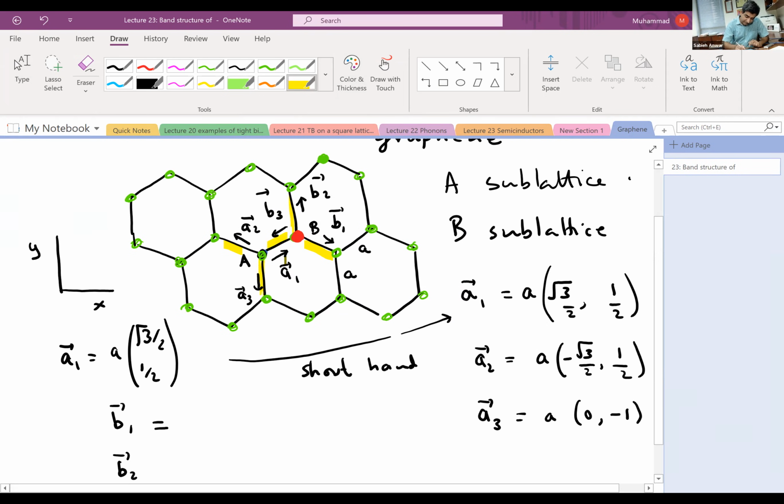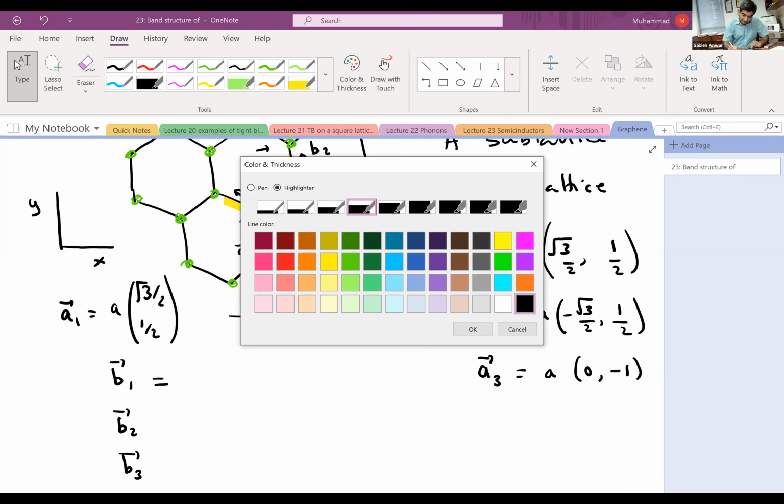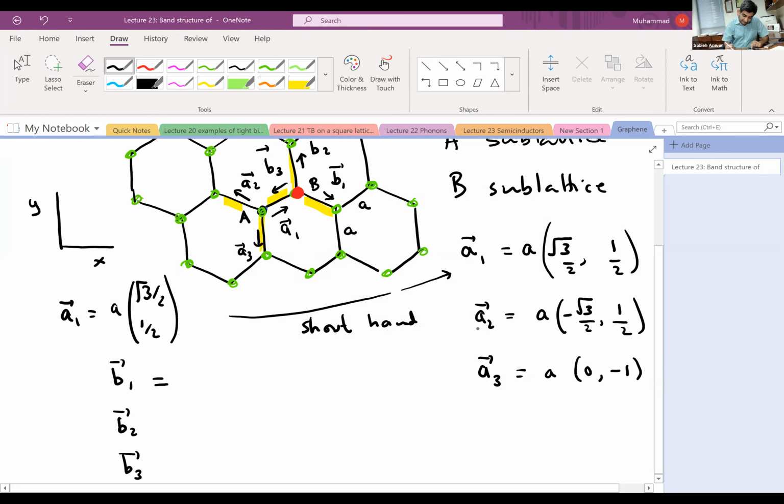And B3 is turning out to be the negative of A1. So I can write B1 as the negative of A2, which means a times (√3/2, −1/2). B2 I can write down as the negative of A3, a times (0, 1), and B3 I can write down as the negative of A1.